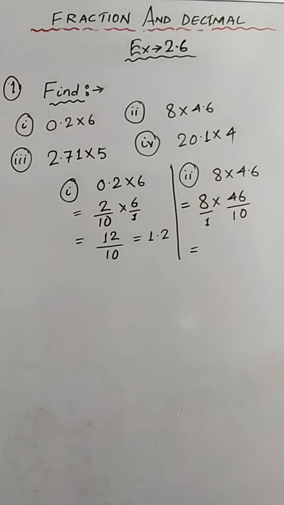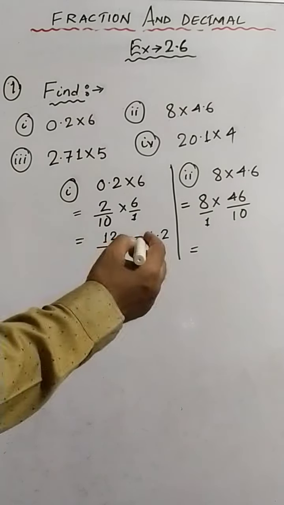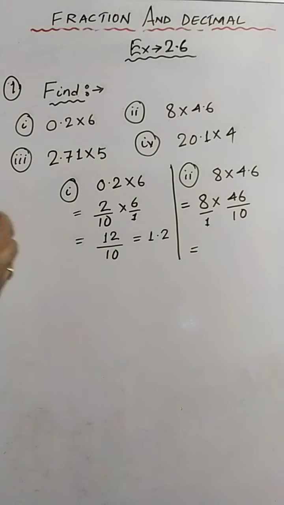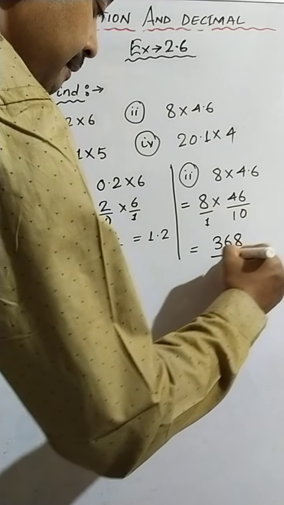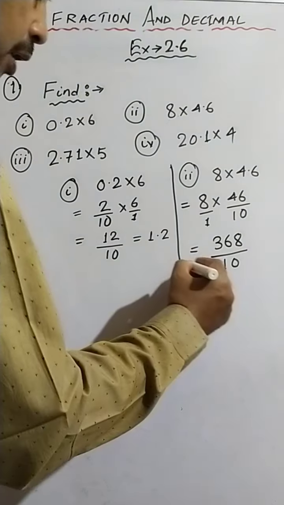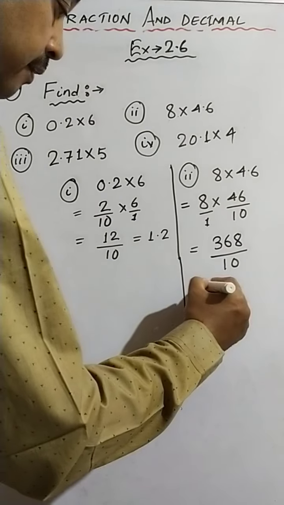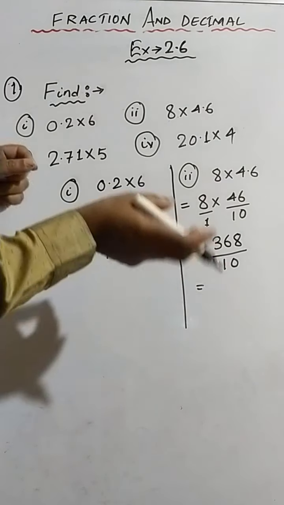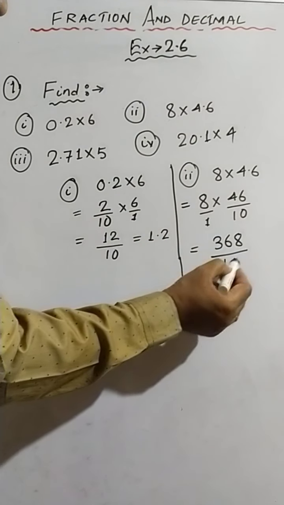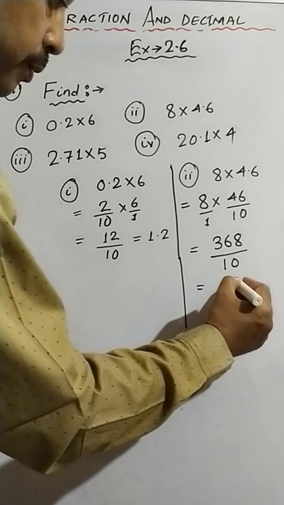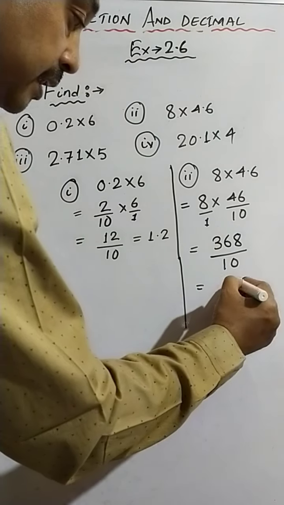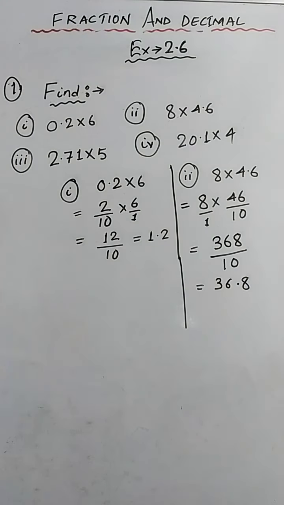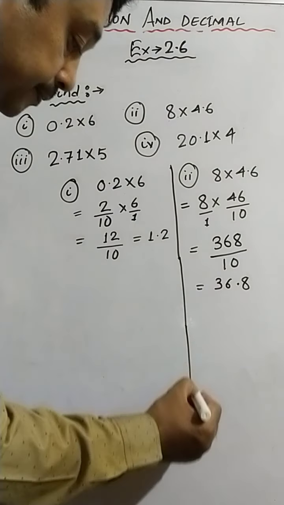So 8 into 46 will give us what answer? 368. 368 upon 10. Finally we have to convert it again into the decimal form, as this fraction is carrying 10. So what would be the decimal form? We'll put the decimal and then we'll write 6 and 3. So this is the required answer. I know that everyone knows how to convert it.